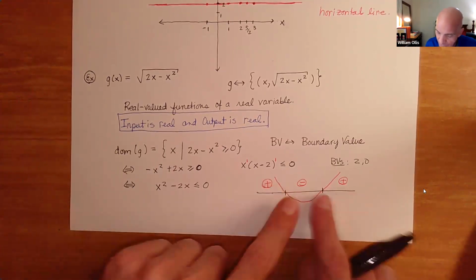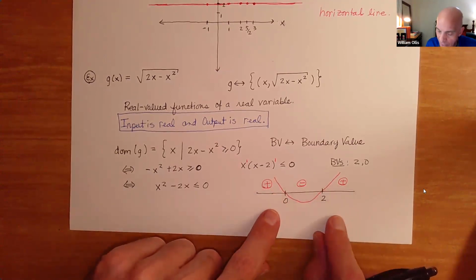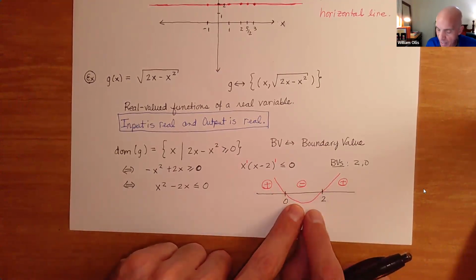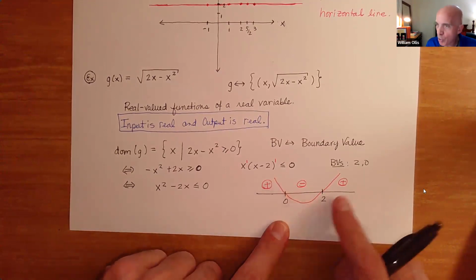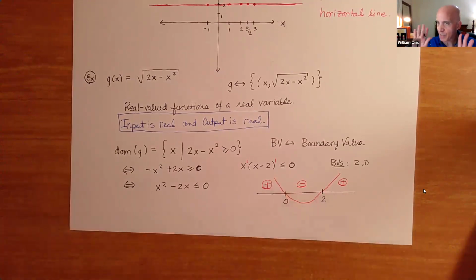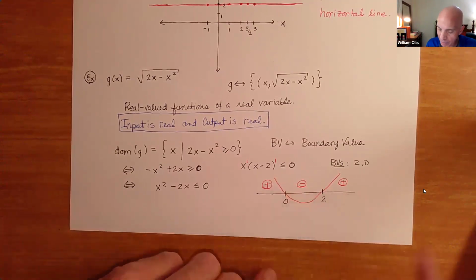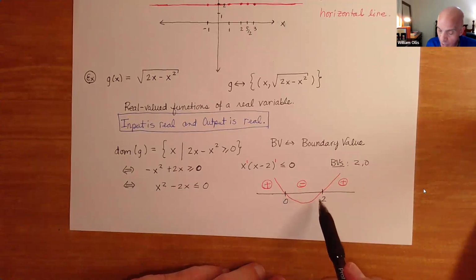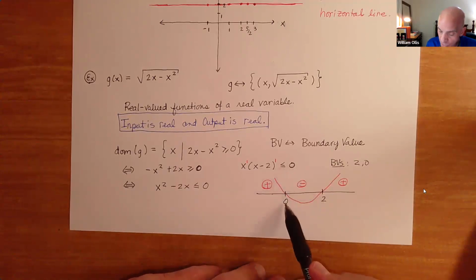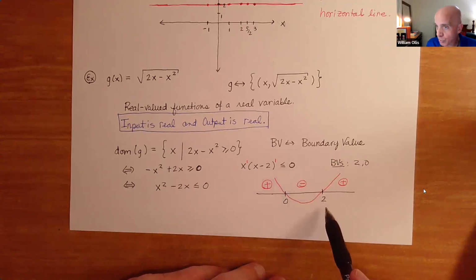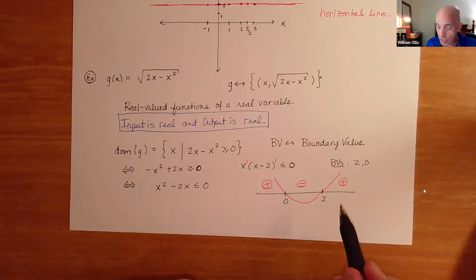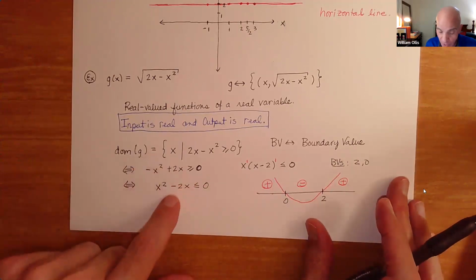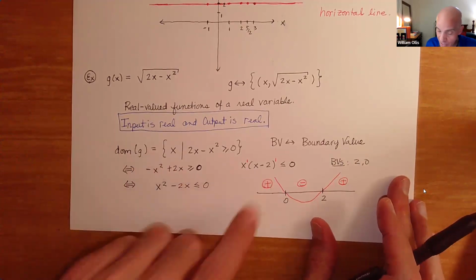So what's nice about this little diagram here is that we see that the sign is negative, and we say below the x-axis, just to kind of give us a visual with the number line, we have the sign is what? Less than 0 when x is between 0 and 2, and equal to 0 when x equals 0 and x equals 2.